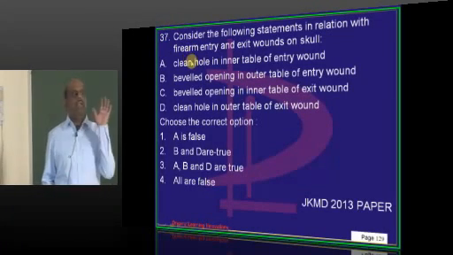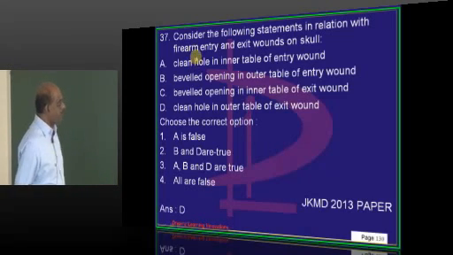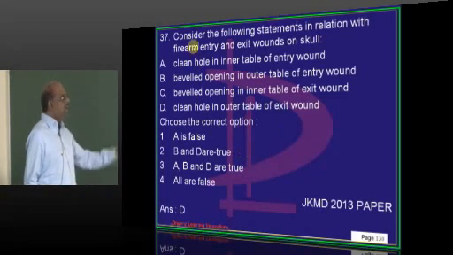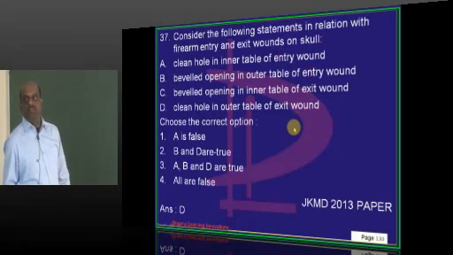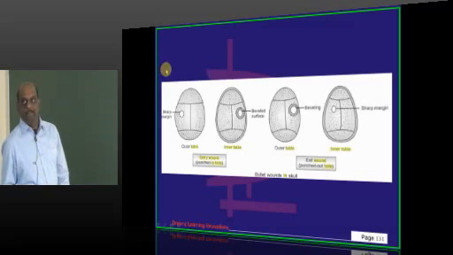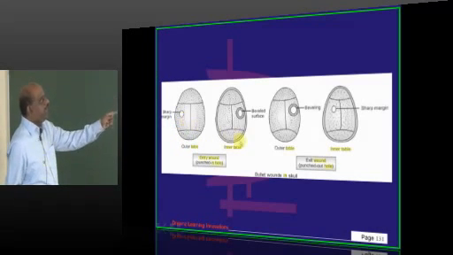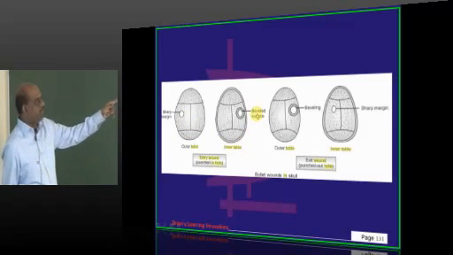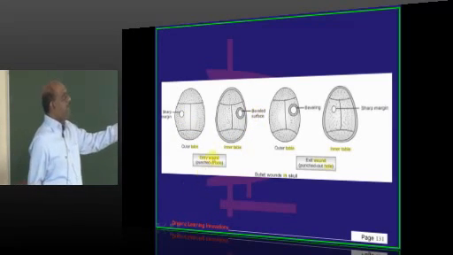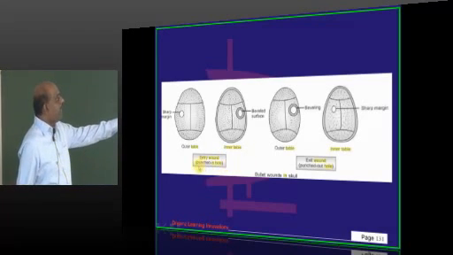This is a very interesting question, doctor, about the firearm entry and exit wounds. All these are false statements. You need to remember this very, very important table. The outer table has a sharp margin, inner table has a beveled surface. That is the nature of the entry wound, where you have a punched in hole.